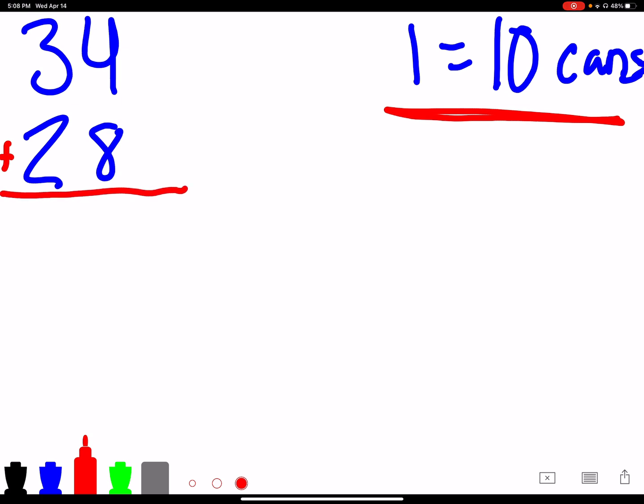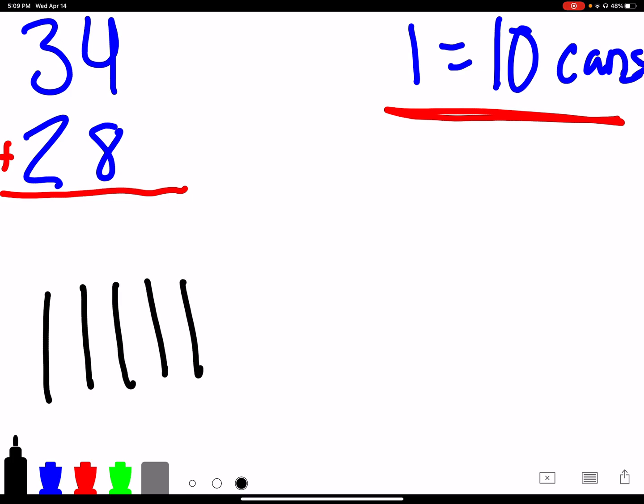I'm going to first look into my tens place, and we have 3 in 34. So I'm going to draw 1, 2, 3. And then we have 2 in 28, which makes 1, 2. And then we have 4 ones in 34. So we have 1, 2, 3, 4. And then we have 8.